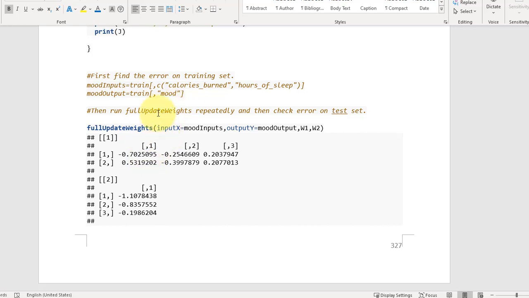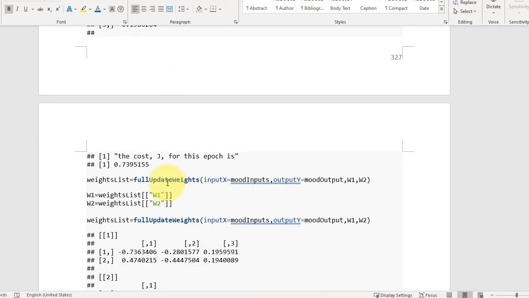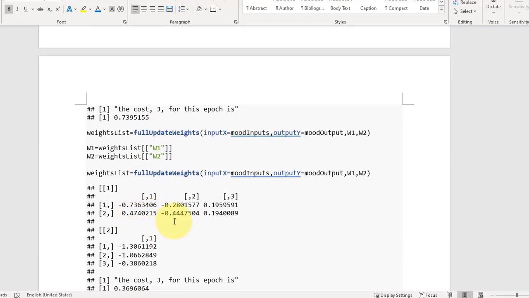So if you go back up several lines up above in the code, you'll see that we're currently working with the training set data, and we're using that to update the weights. So we run the full update weights using the training data, and the weights get updated. And then we run it again, and the weights get updated again.